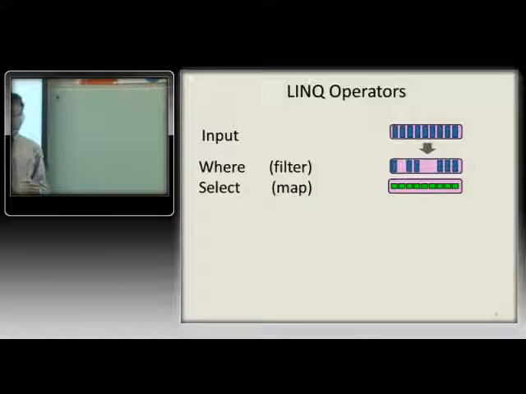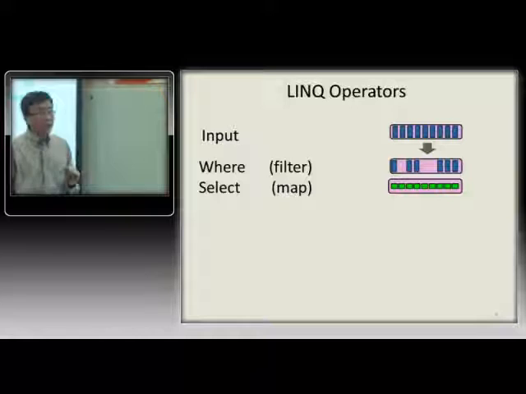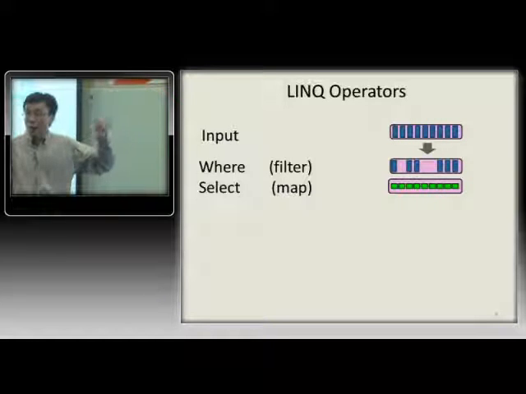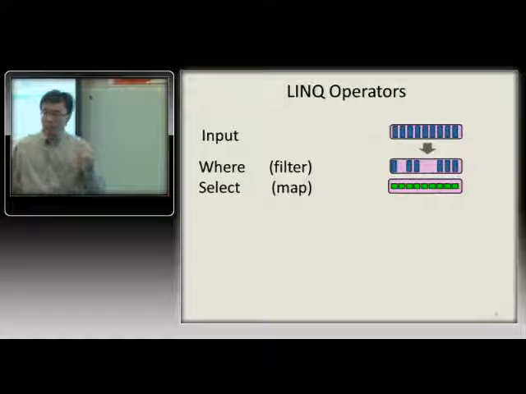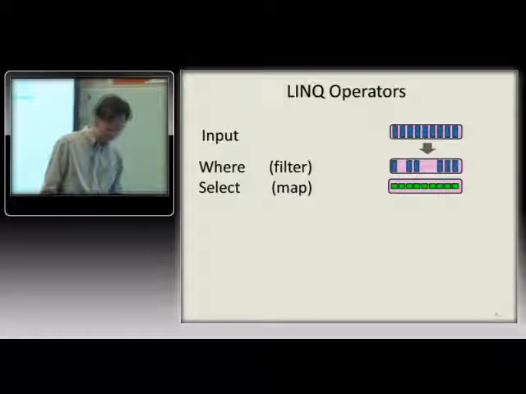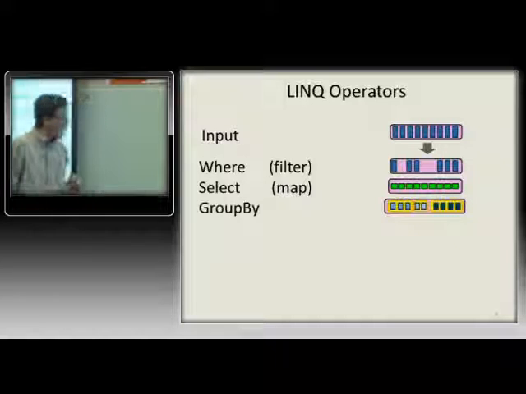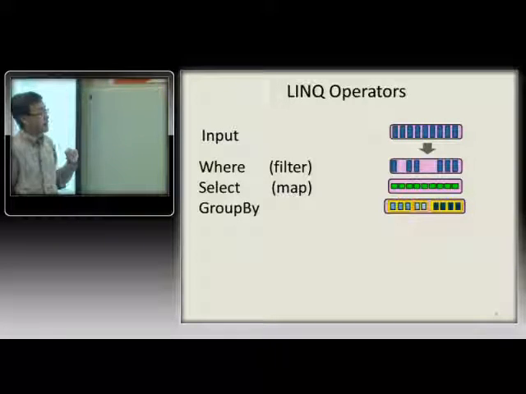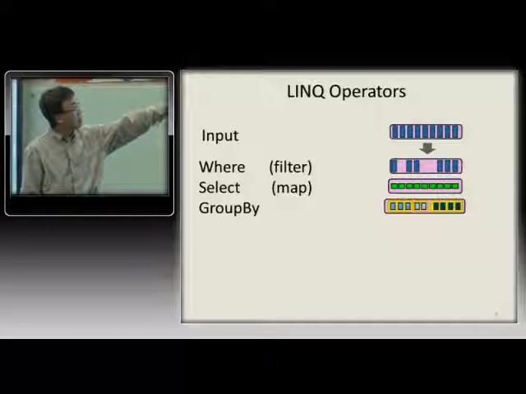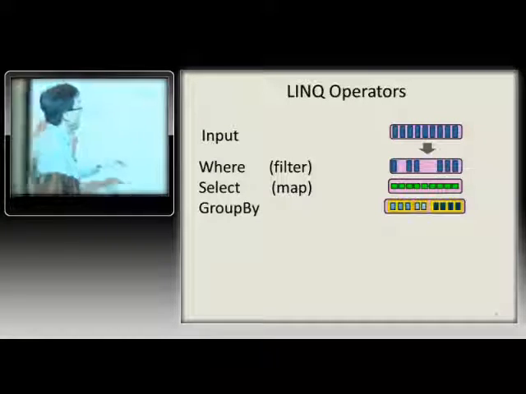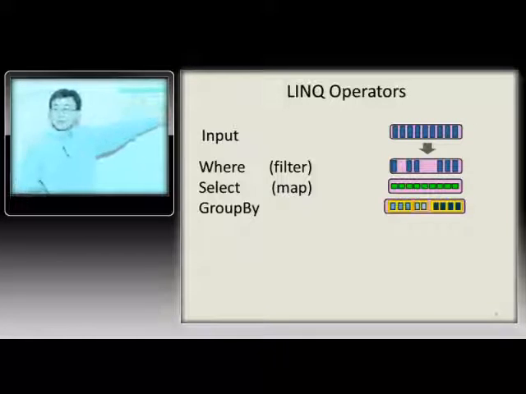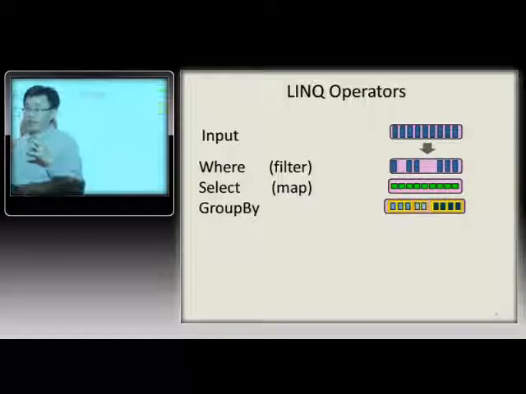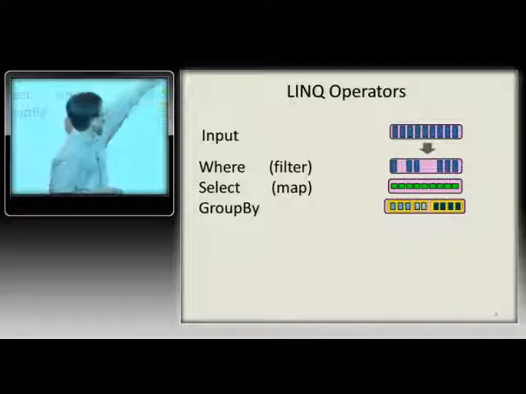Another operator is select, which takes every element in the collection, does a transformation, and returns a different element. Another type of operator we call GroupBy, which takes all the elements in the collection and groups them based on some keys. All the elements with the same key are grouped together to form a group.